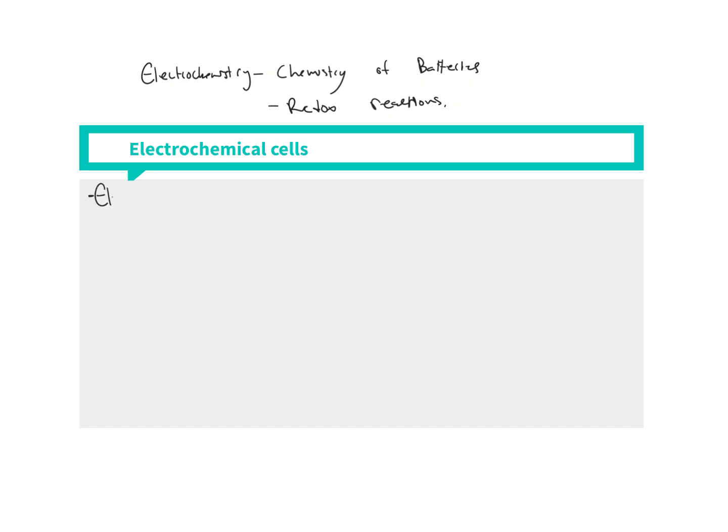One is an electrochemical cell. And by cell, I don't mean like an animal cell. I mean like a cell where a reaction occurs. It's essentially like the battery. Your battery is your cell.